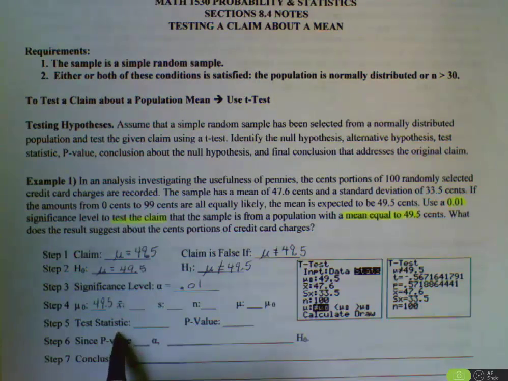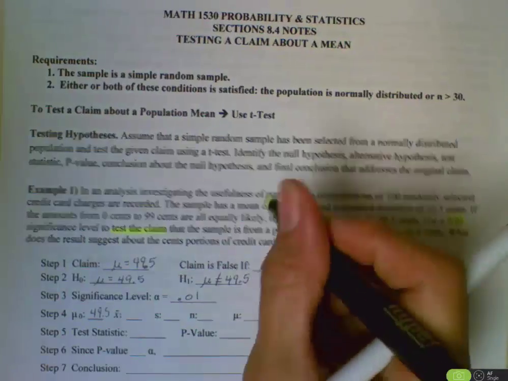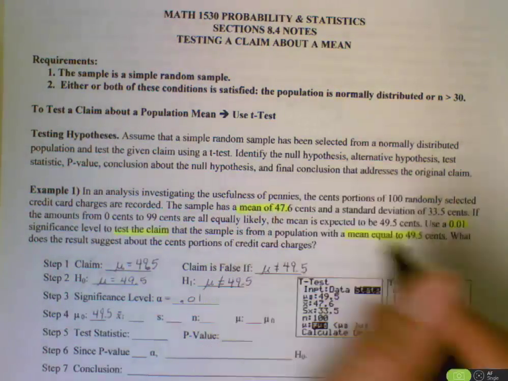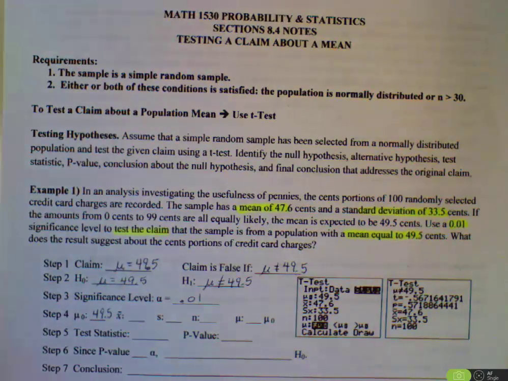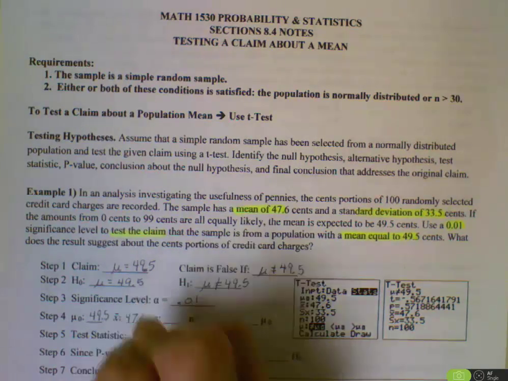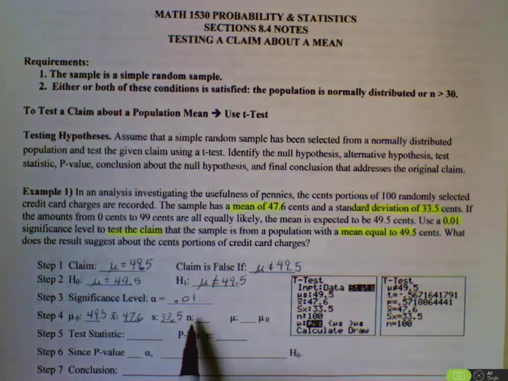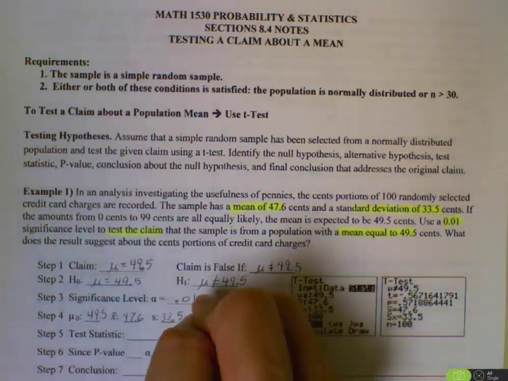The mean of our sample was 47.6, and the standard deviation of our sample was 33.5. So for the mean, I'm going to enter 47.6, standard deviation 33.5. The number of samples that we took, our sample size, is 100.